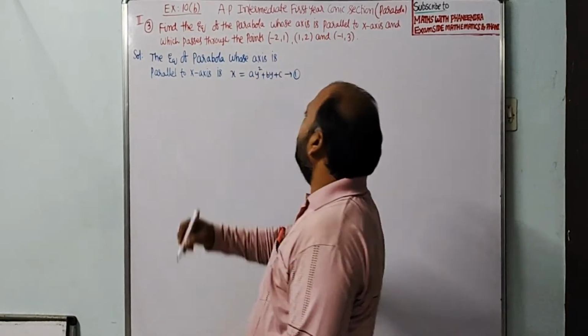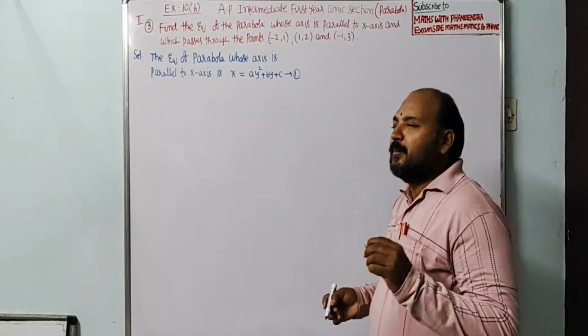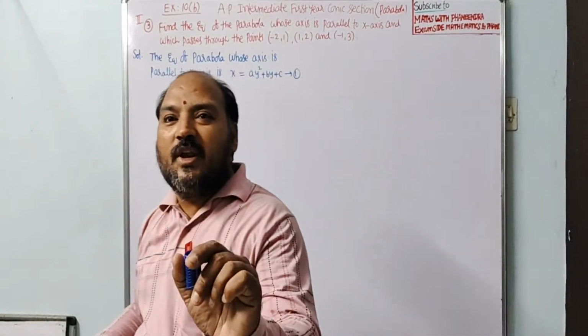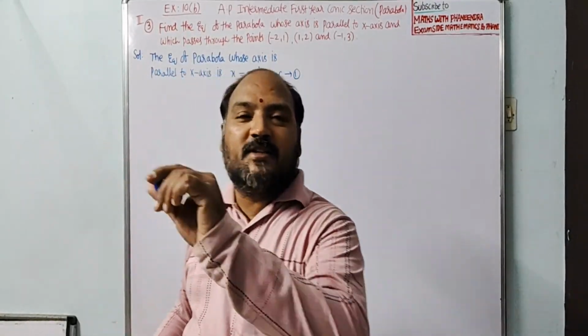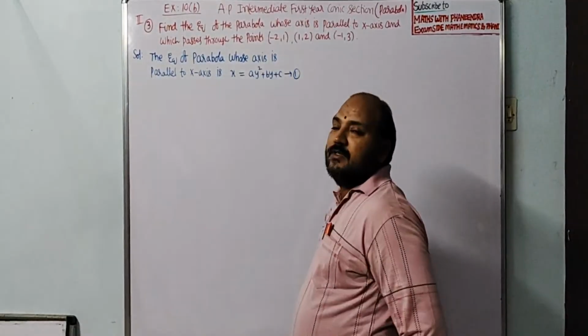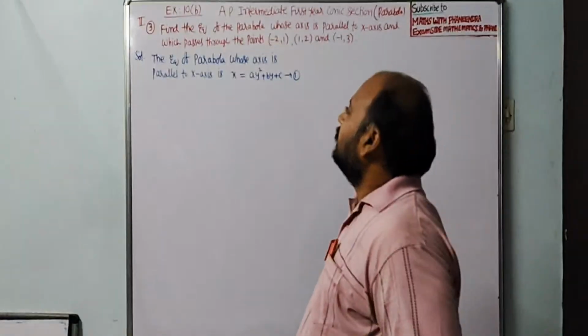Equation number 1. It is in this form. That means y minus k whole square equal to 4a into x minus h form.